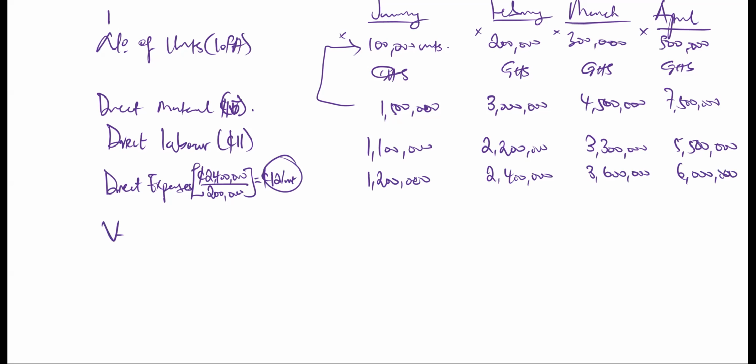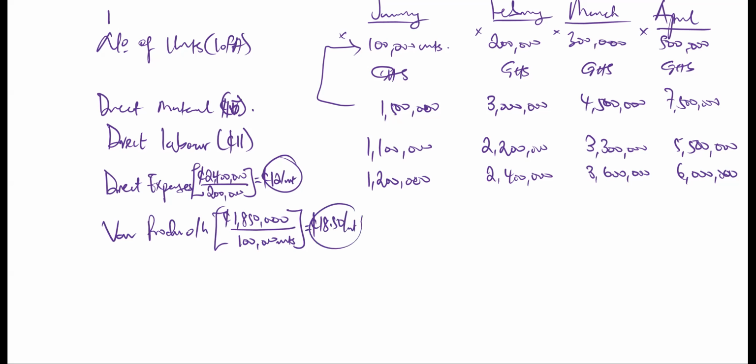Then we had variable production overheads. It is still variable, right? The cost incurred was 1,850,000, for a level of activity of 100,000. That gives us 18.5 cedis per unit.